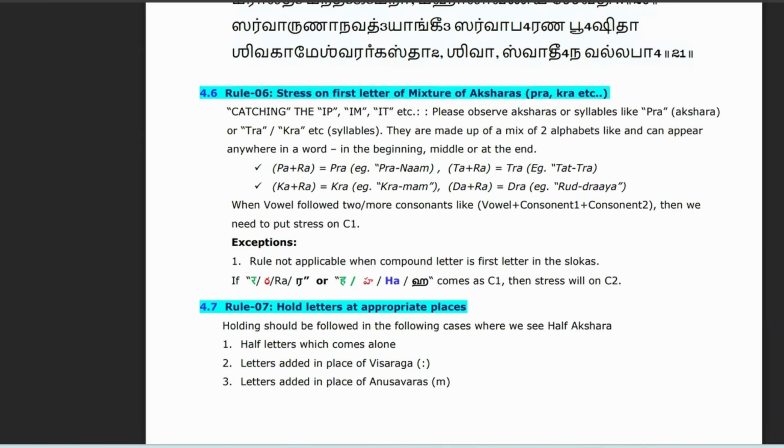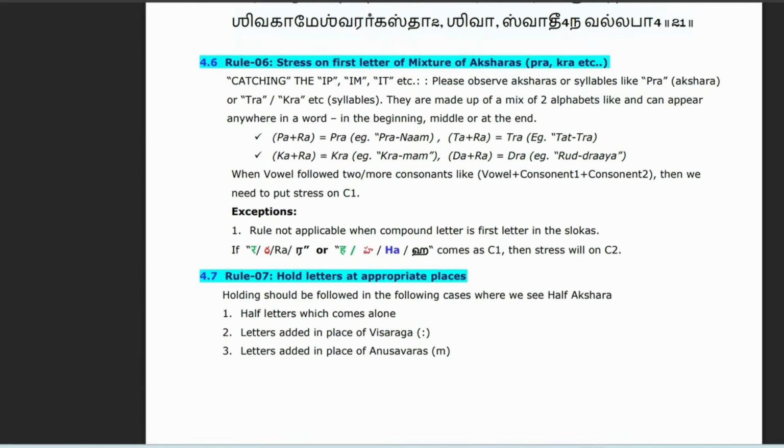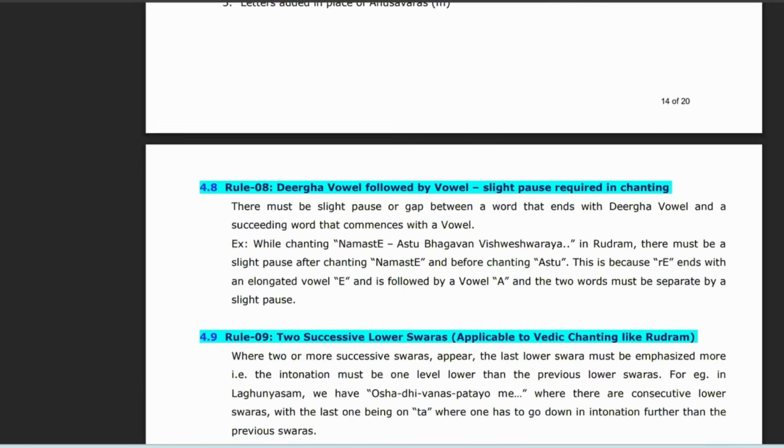Here we have some examples. Pra is the sanyukta akshara, pa with the ra sound, right? So if there is a dirgham followed by pra, the p will be having the stress on it.